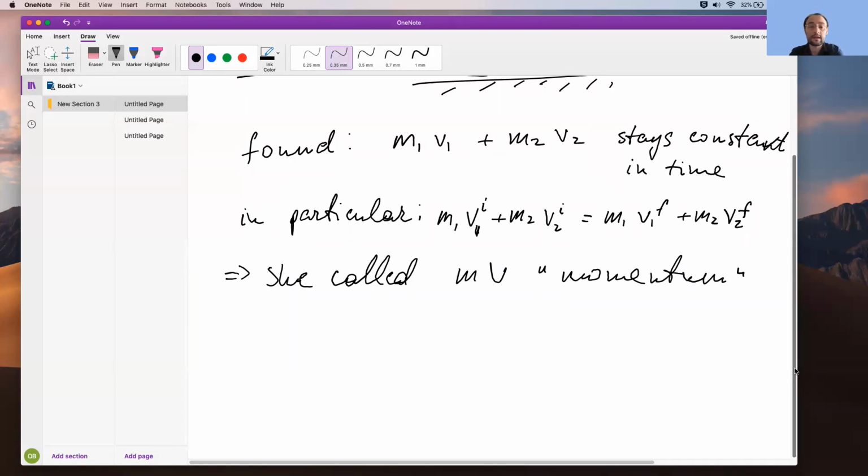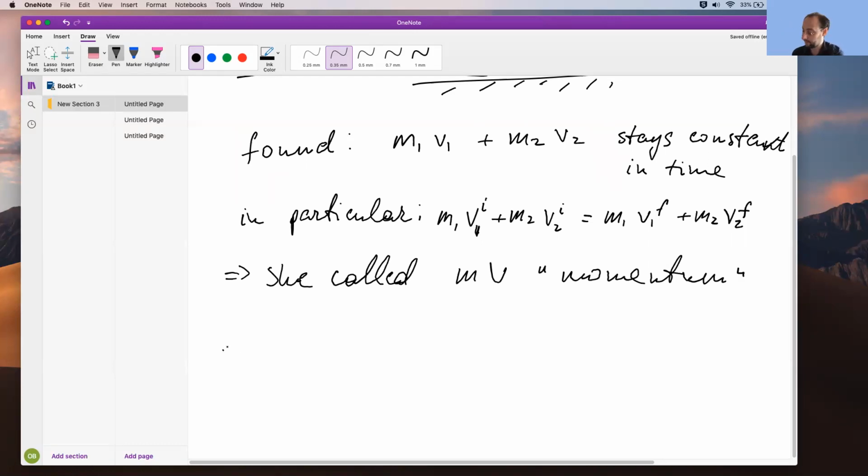In plain English, the statement is that the total momentum of a system is unchanging before and after collision. More generally, it stays constant at all times if a system is isolated. So this is her experimental finding, and I'm not deriving this law. This is just an experimental finding that this hypothetical experimentalist, Alice, has been able to make.